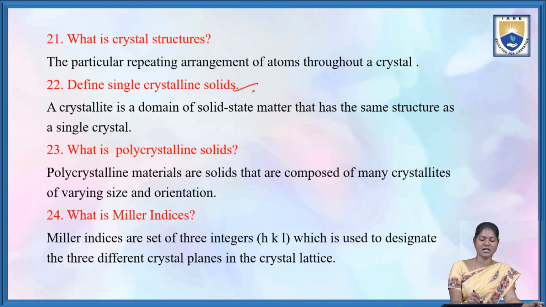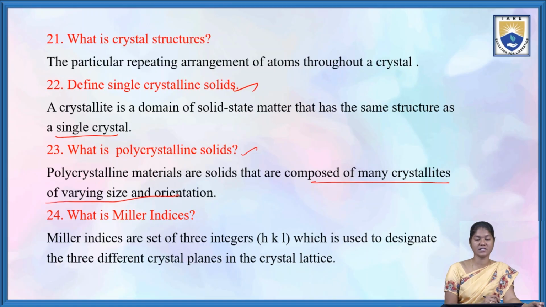Define single crystalline solids. A crystallite is a domain of solid state matter that has the same structure as a single crystal. What are polycrystalline solids? Polycrystalline materials or solids are composed of many crystallites of varying size and orientations.